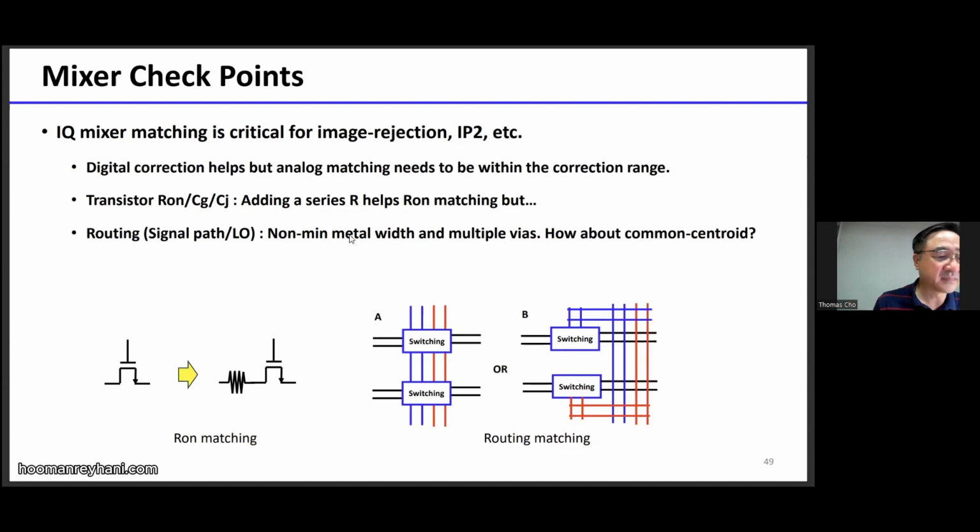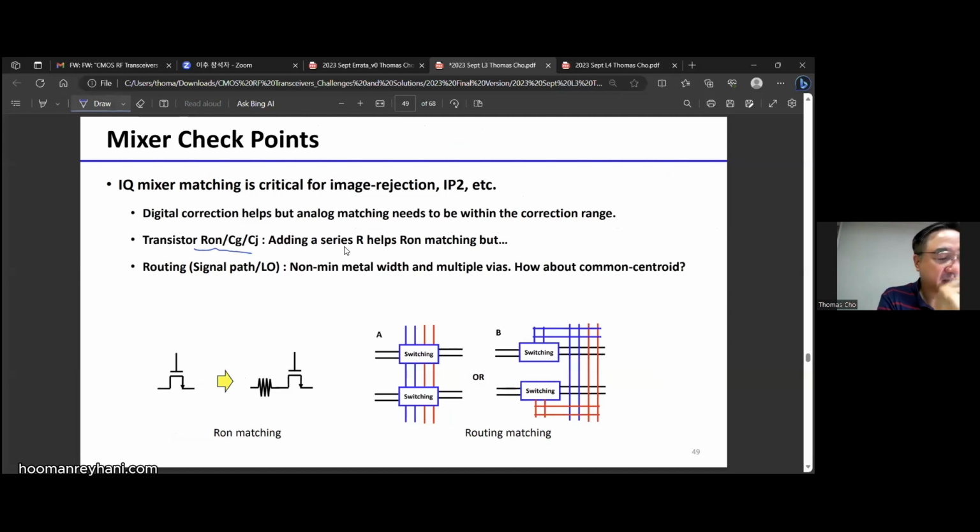But this is not that easy to do, right? Because transistors are small, especially at high frequencies, and we like to use the minimum channel length. Sometimes if you just rely on transistor matching, you cannot get what you'd like to get.